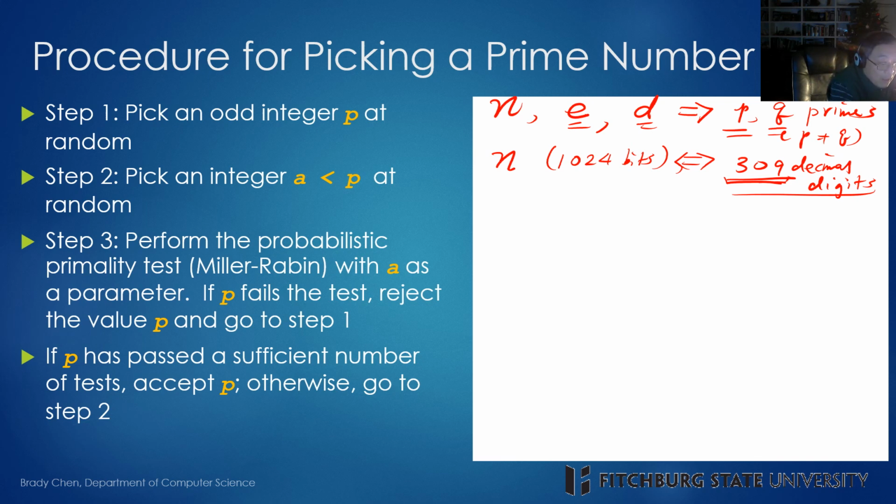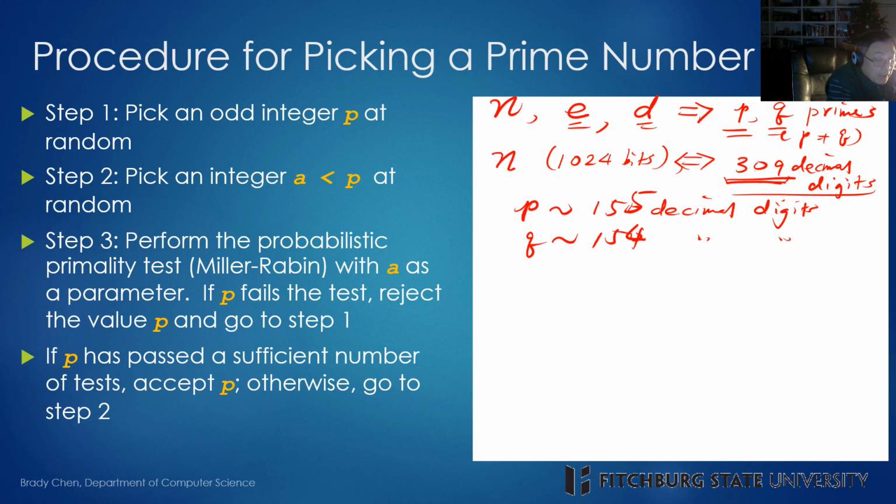So each of p and q should be around 150 decimal digits. To make it 309, technically one of these should be 155 digits and the other one should be 154. It doesn't matter, it's just a one digit difference.